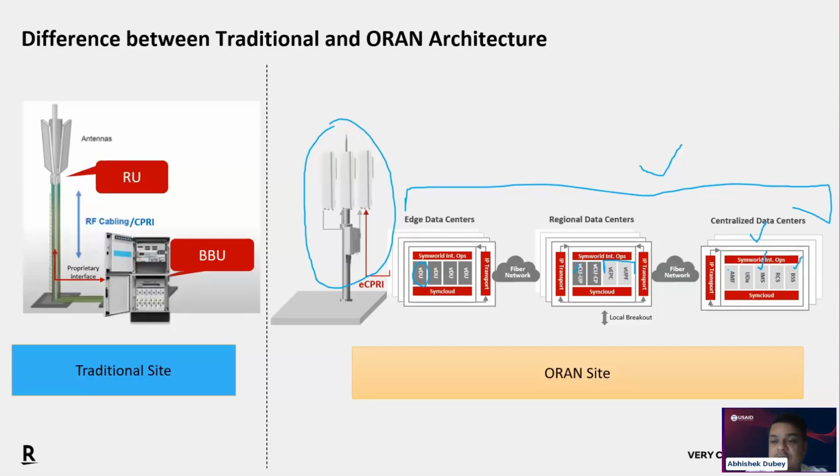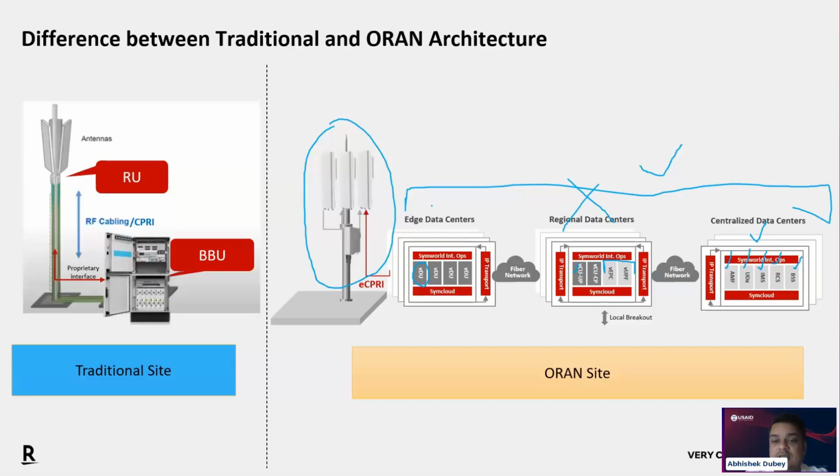For commercial, the AMF is there, and the UDM is there, and so on. So this is just an example. It can be in the regional data center, or some of them can be in the centralized data center, because in some deployments, the operator asks you not to deploy at the regional data center.